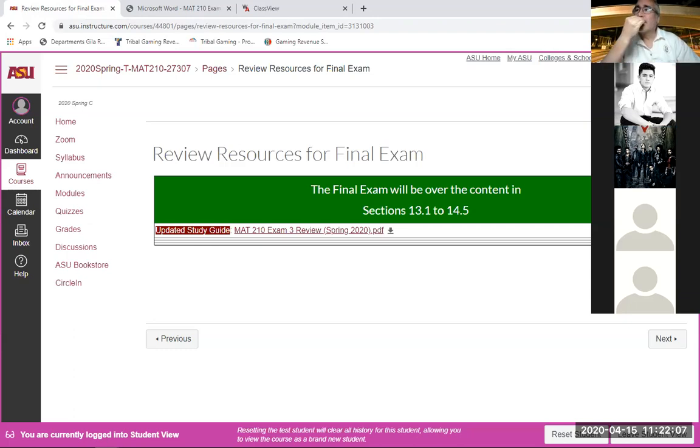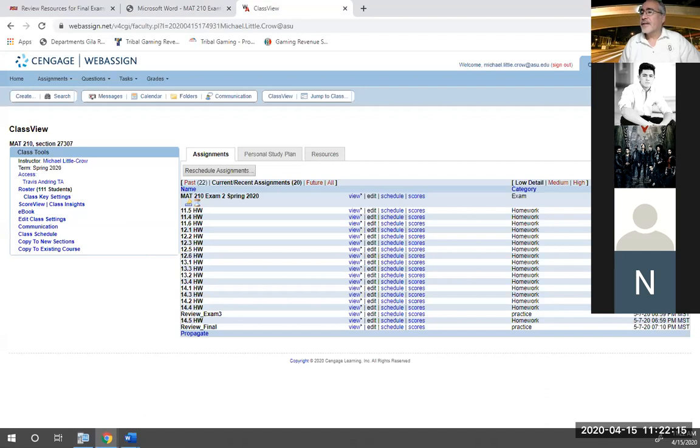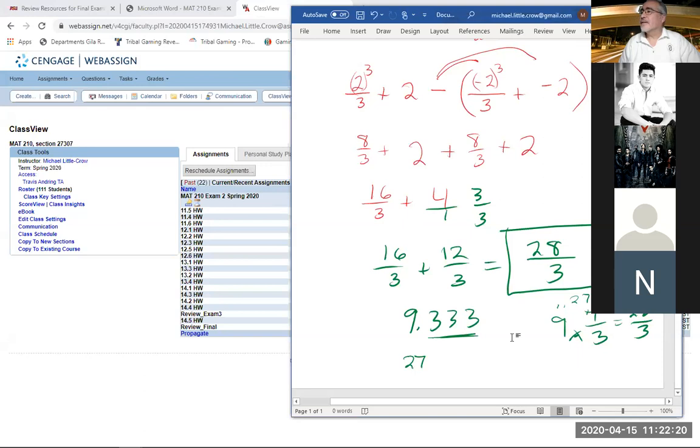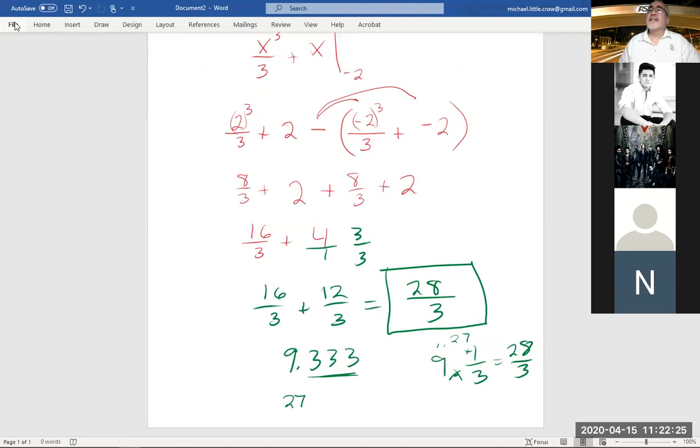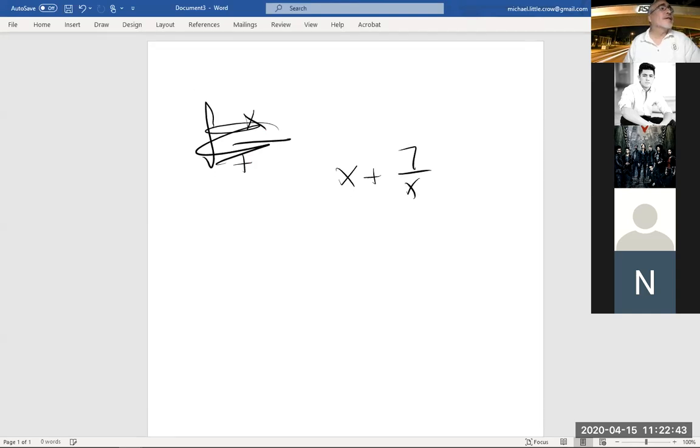Okay, number 4 in 13.4. So it's x plus 7 over x, so it'd just be ln of x plus 1/2 x squared, right? And then the bounds are 9 to 4.